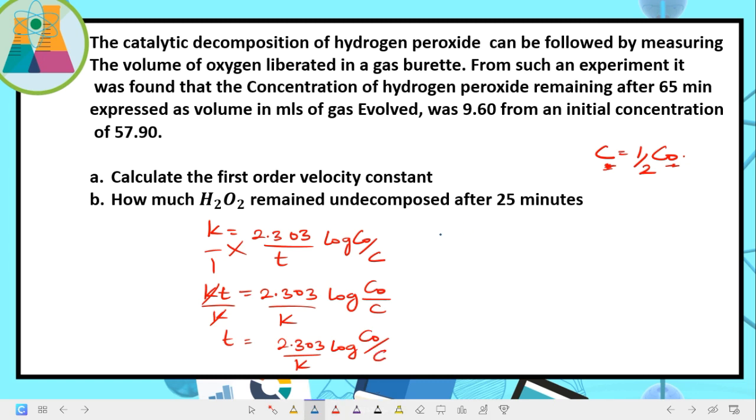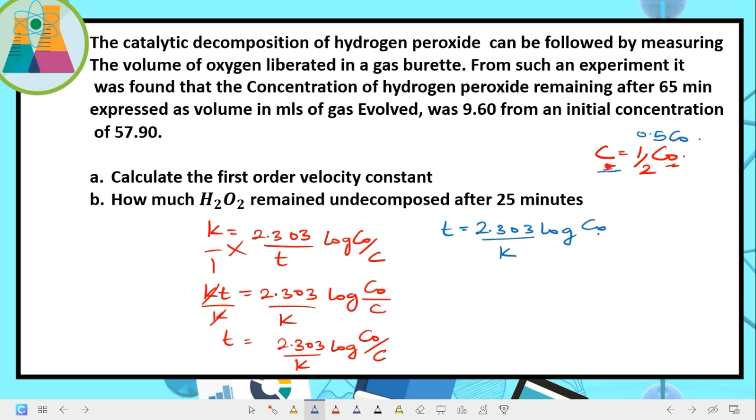Now, we are told that the half-life is the time it takes to reach half of the initial concentration, right? So our final concentration now will be represented with half of CO. So this will give us t is equal to 2.303 divided by K, then log, what do we have here? Half of CO means 0.5 of CO, isn't it?